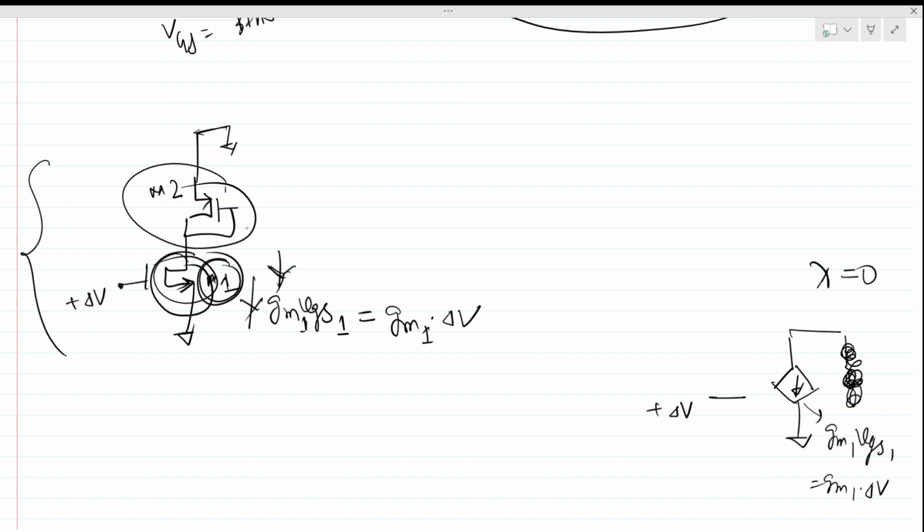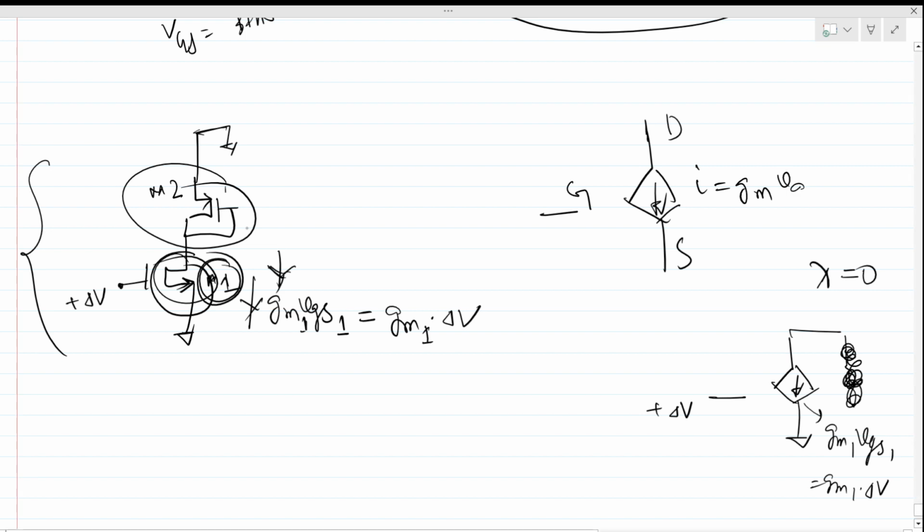We know that the small signal model for PMOS and NMOS is the same, so the model is nothing but this. The small signal current always flows from drain to source, and this is nothing but gm times the small signal VGS. But in this case, we can see that the small signal current I1 is flowing in this way.